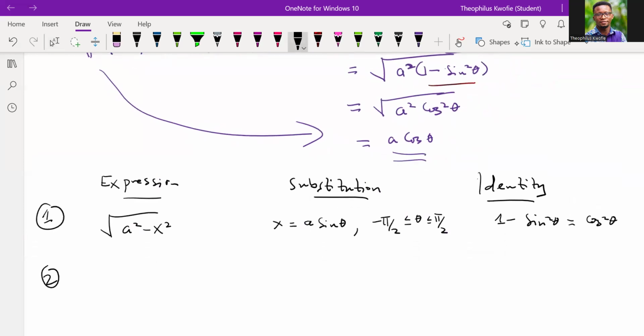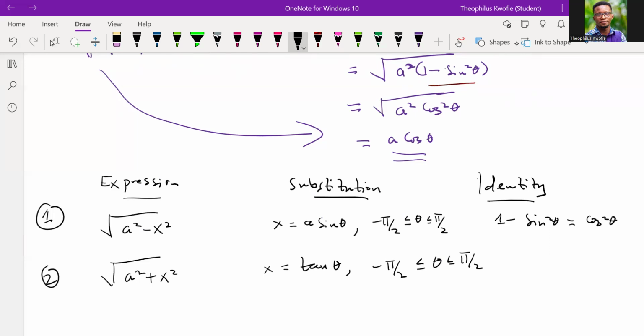Let's look at the second expression. The second expression I want us to look at is the square root of a squared plus x squared. In such a situation, the best substitution we want to employ will be x equal to a tan theta. And we still want to restrict theta to lie between negative 90 and positive 90 degrees.